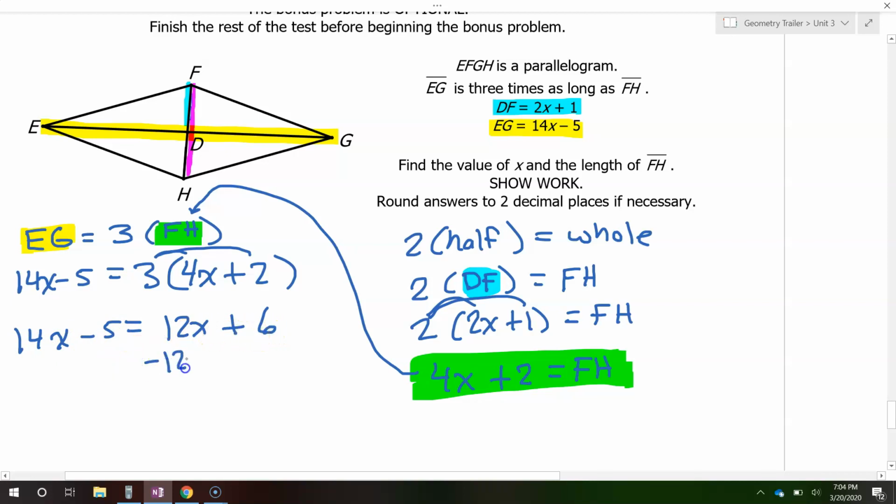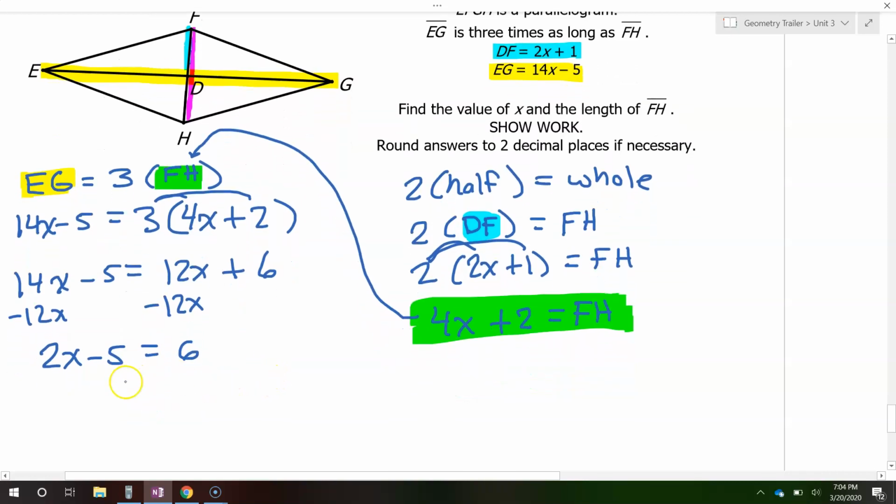So let's subtract 12x from both sides. That's going to leave me with 2x minus 5 is equal to 6. And then if we add 5 to both sides, that's going to give me 2x is equal to 11.